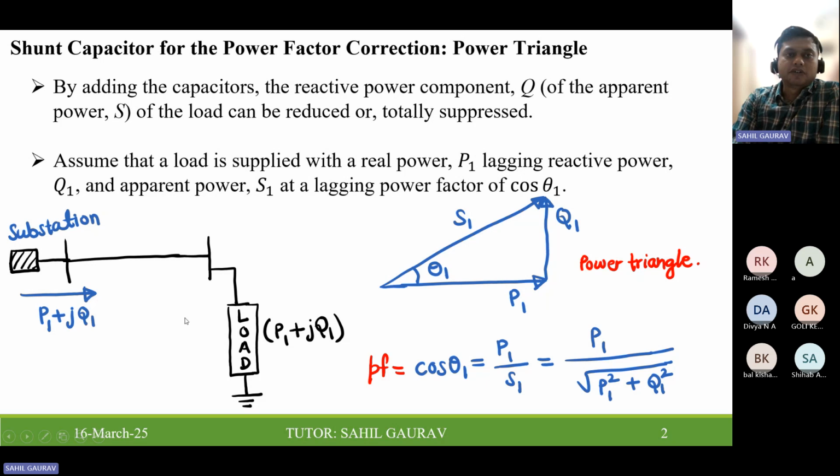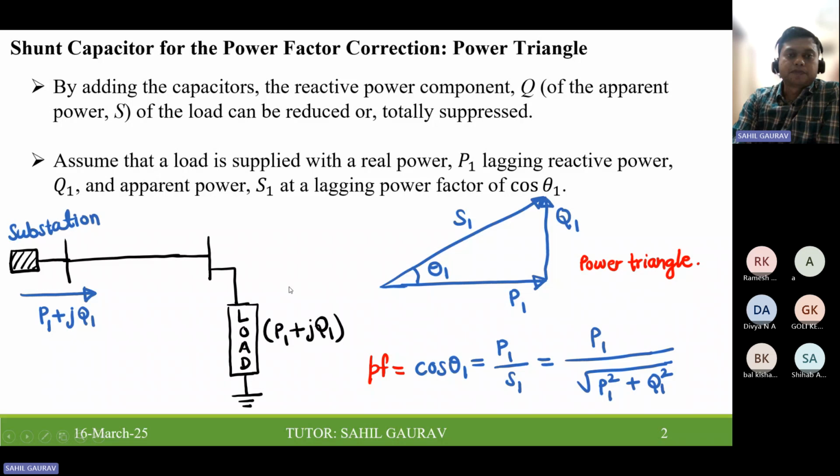So at the load end, what is done? The capacitor is connected so that reactive power component Q of the load can be reduced or totally suppressed. Assume that the load is supplied with real power P1, lagging reactive power Q1 and apparent power S1 at a lagging power factor of cos theta 1.